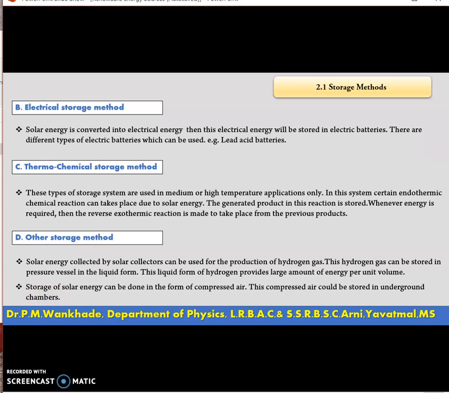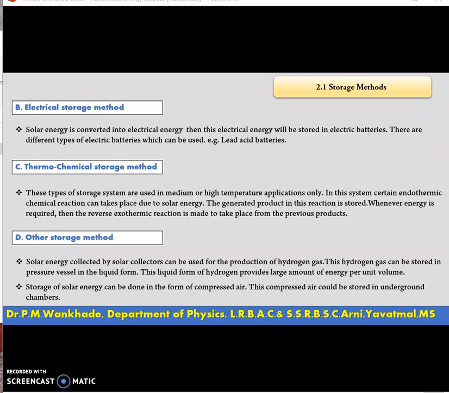So in this particular topic we have discussed different types of storage method, that is thermal storage method, electrical storage method, thermochemical storage method and other storage method.